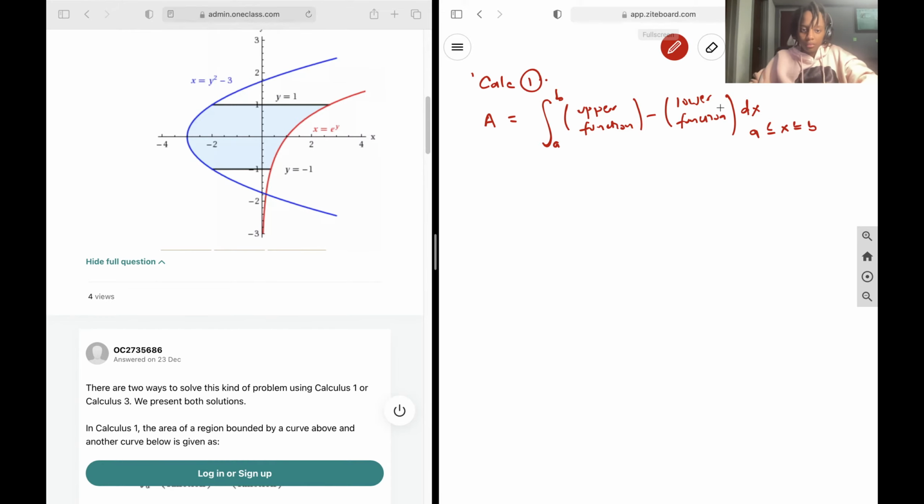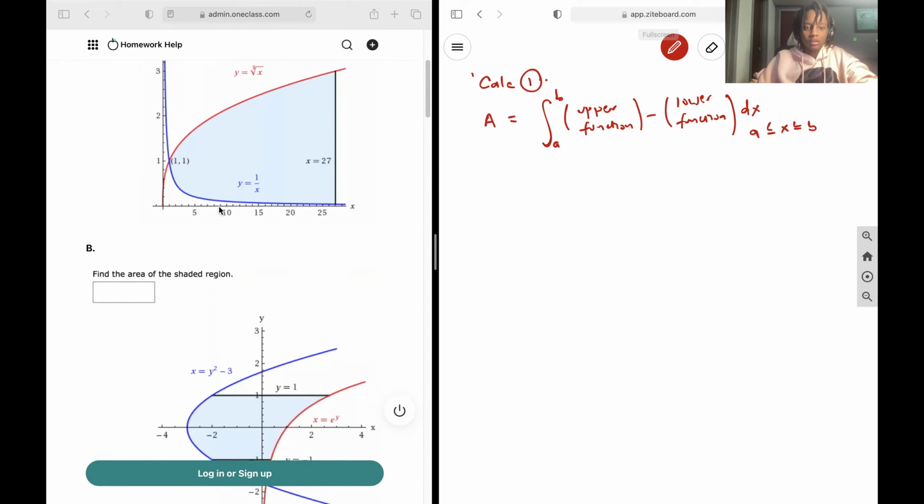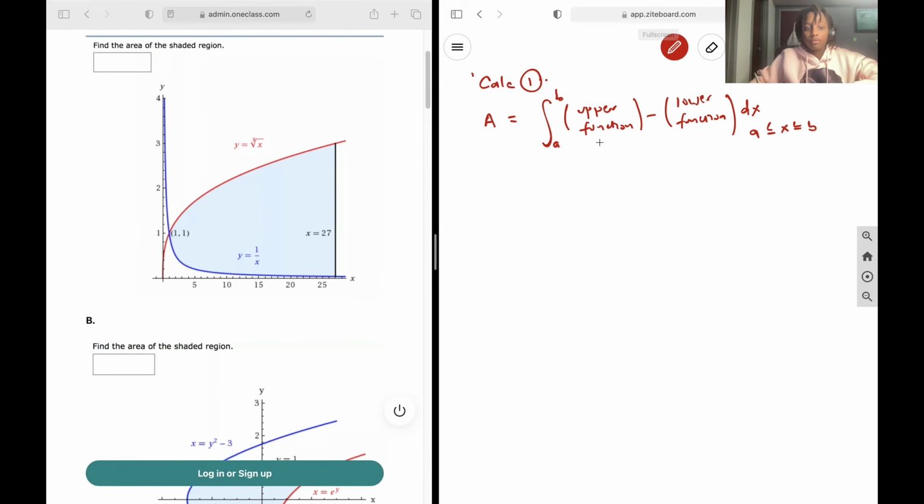So a good way to visualize this case is case A, where you do have your upper function. So this is going to be y is equal to the cube root of x. Your lower function, which is going to be y is equal to x to the -1, so 1 over x. And the functions are bounded by x is equal to 1 and x is equal to 27.